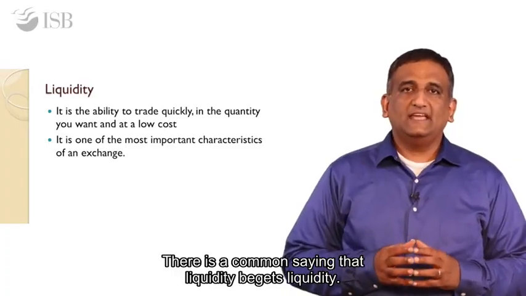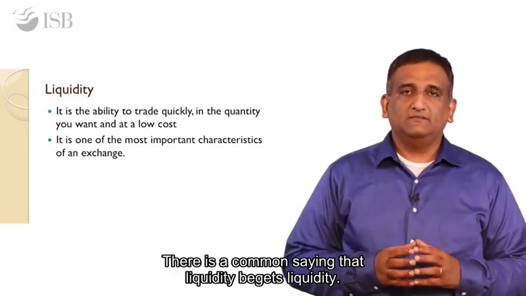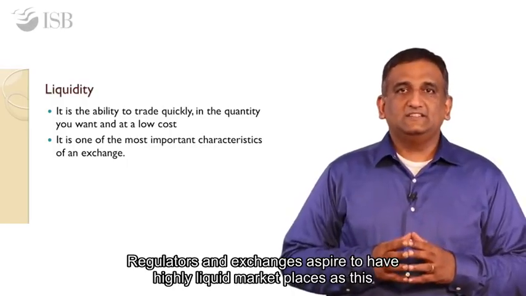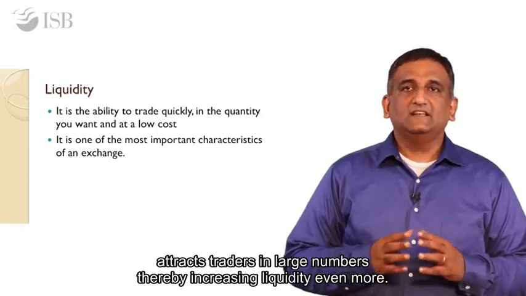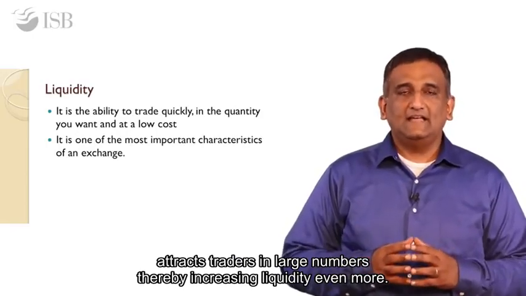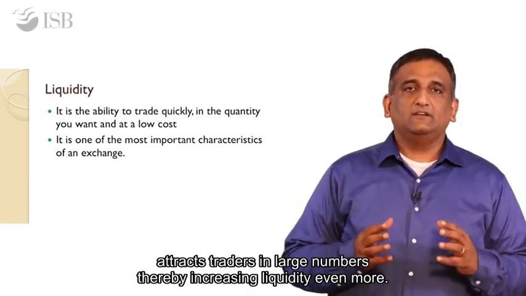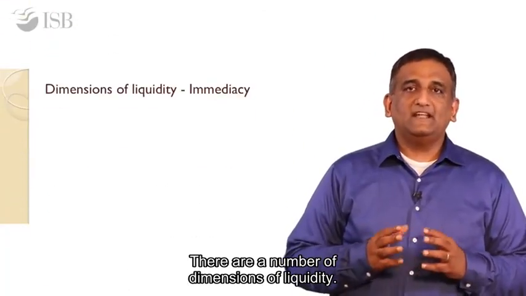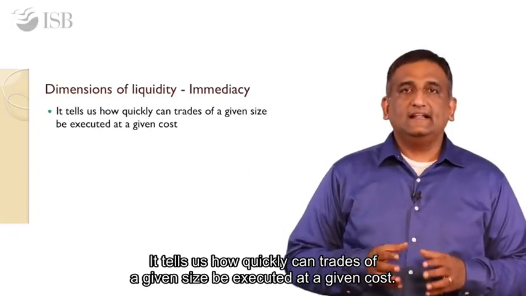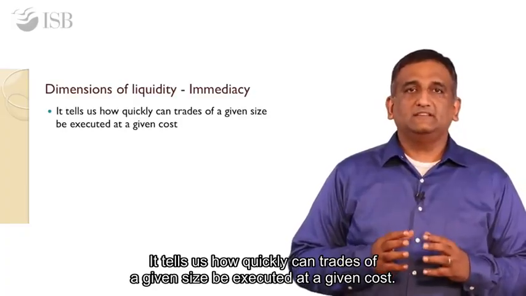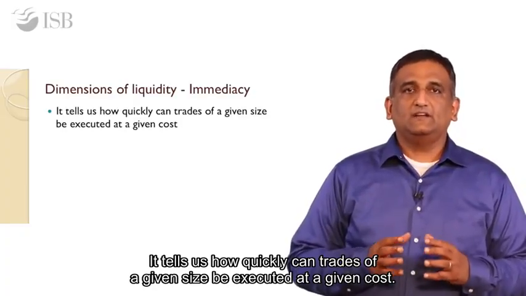There is a common saying that liquidity begets liquidity. Regulators and exchanges aspire to have highly liquid marketplaces as this attracts traders in large numbers, thereby increasing liquidity even more. There are a number of dimensions of liquidity. The first is immediacy. It tells us how quickly can trades of a given size be executed at a given cost.